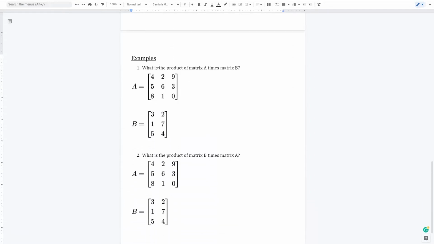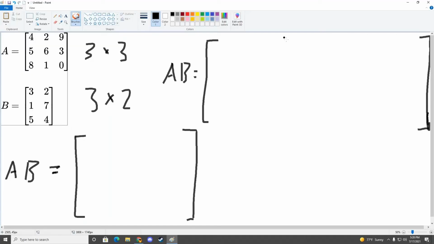So for number 1, what is the product of matrix A times matrix B? To start solving this, we'd first want to write out the dimensions of matrix A and B, which I've already done. And so we know matrix A is a 3 by 3, 3 rows by 3 columns, and matrix B is a 3 by 2, 3 rows by 2 columns.